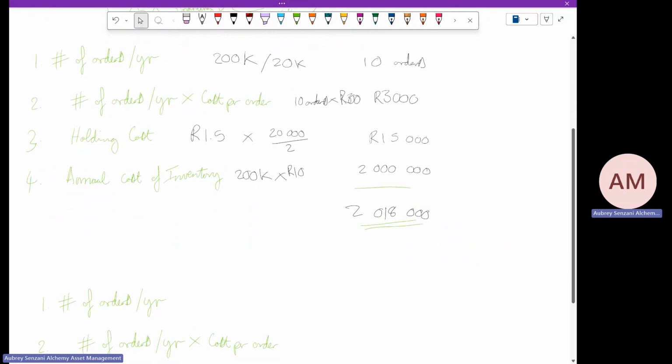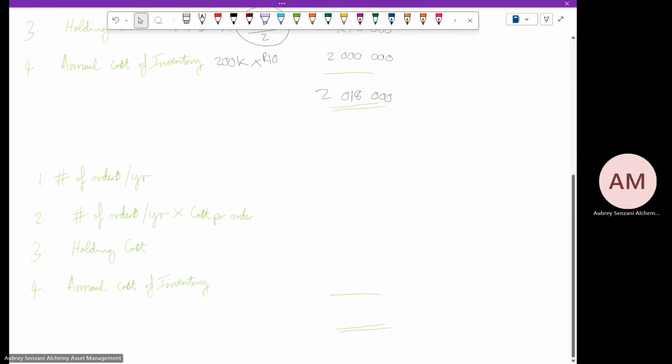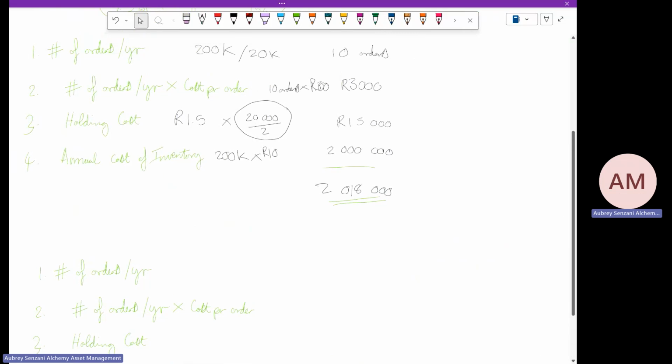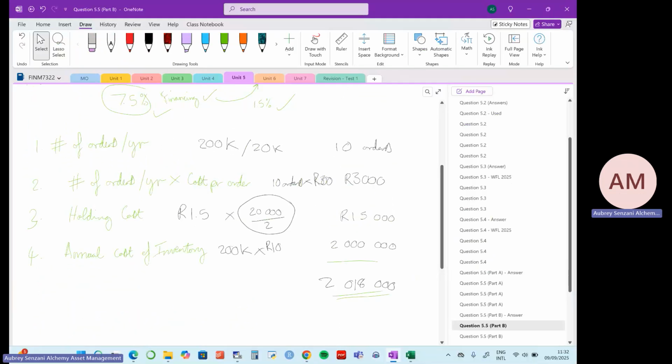You guys must know this structure that I've put together for you in green. And just make sure you remember this: when getting your holding cost, there's that divided by 2. Because those are the small things that rob us of our marks. Okay, so this is not rocket science. We just apply the values that they've provided.